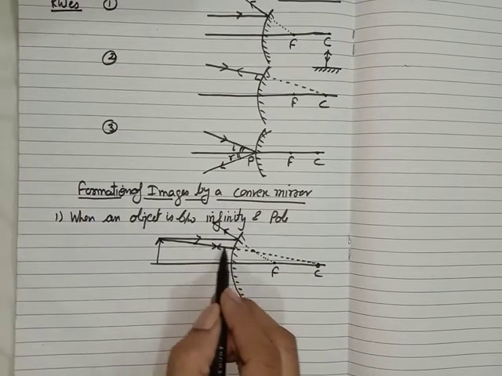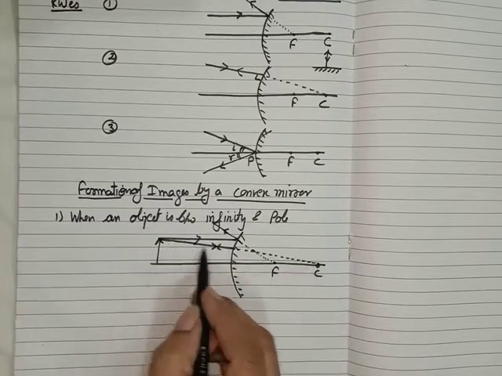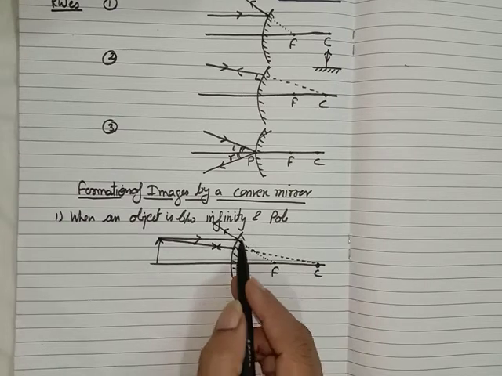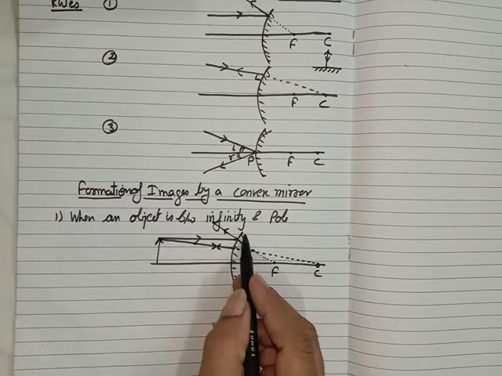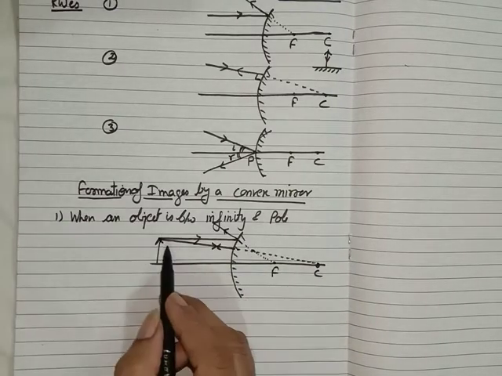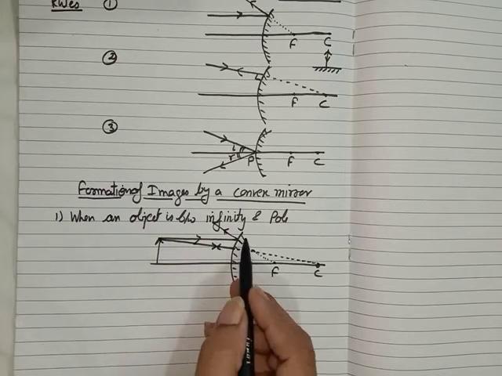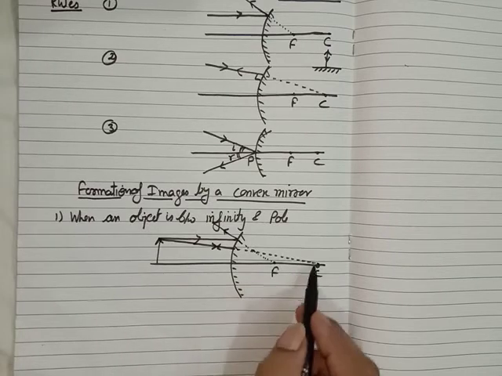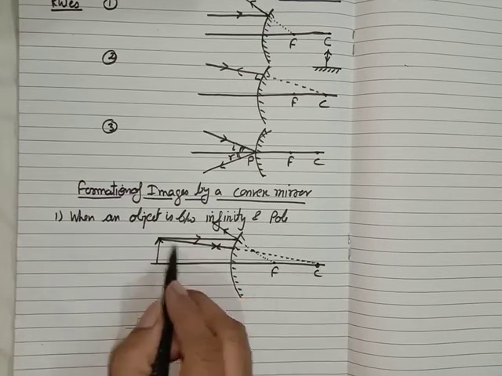It is not reaching the center of curvature, because this is a polished surface and the light can't penetrate it. So if a light ray is coming towards the center of curvature, it is reflected on its own path.